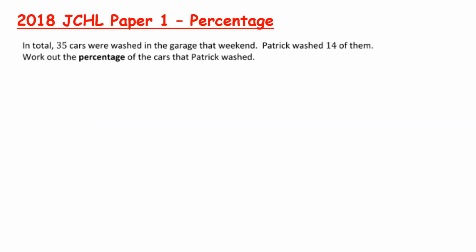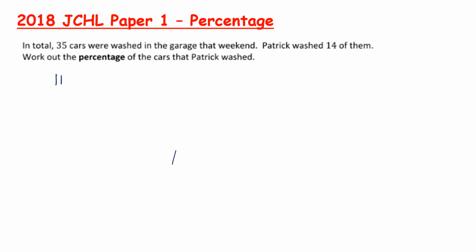So let's look at how this could be asked if we were dealing with a higher level question. This question is from the 2018 Junior Cert Higher Level Paper 1. In total, 35 cars are washed in the garage that weekend. Patrick washed 14 of them. Work out the percentage of cars that Patrick washed. So step one, what fraction of cars did Patrick wash?